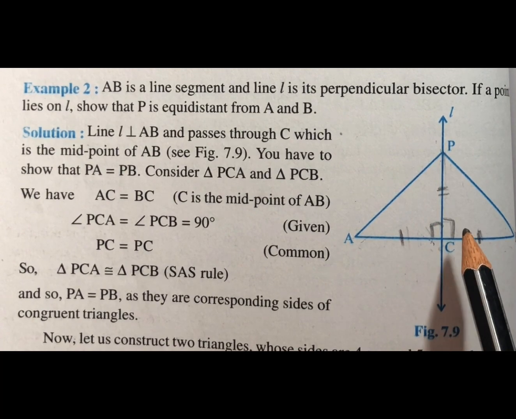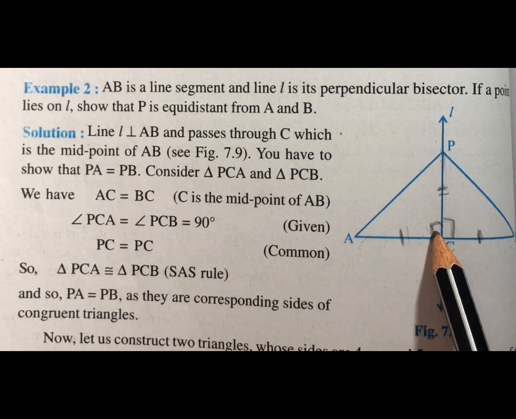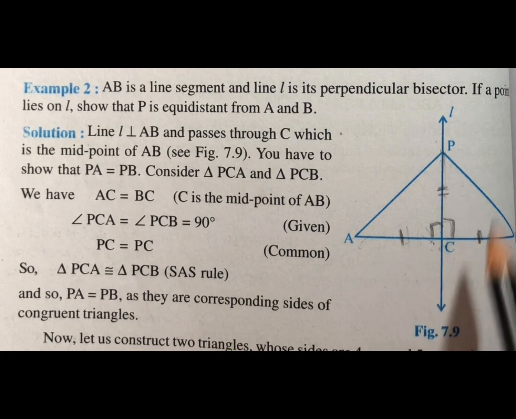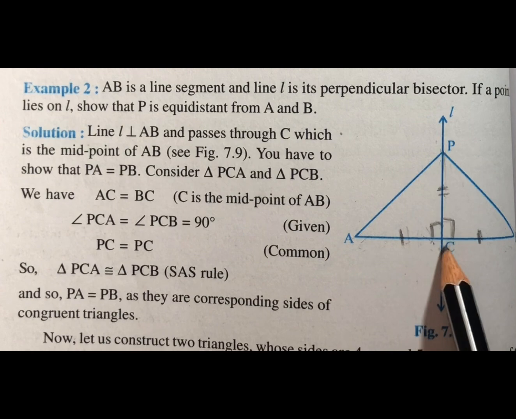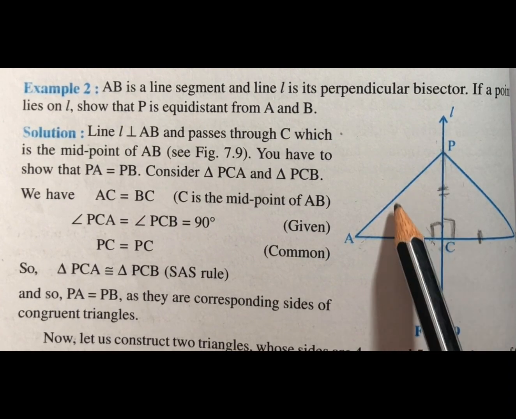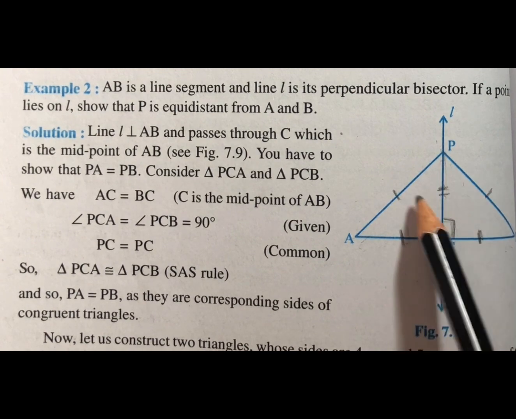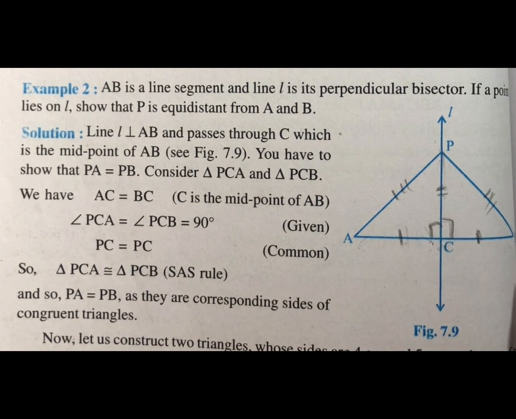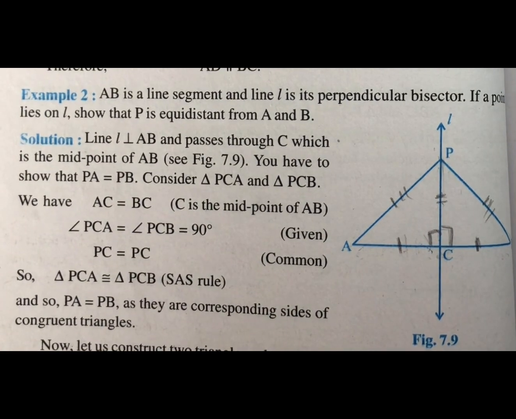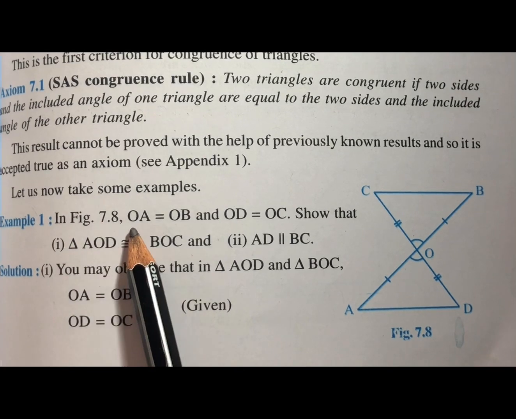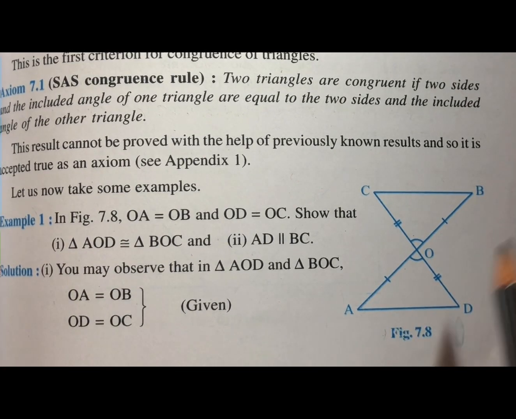So according to the SAS rule, that is side, angle, side, these two triangles are congruent. So AP will be equal to PB because of CPCT.